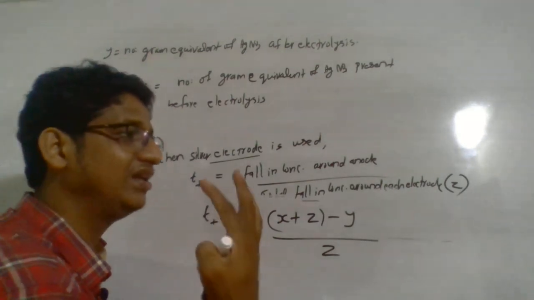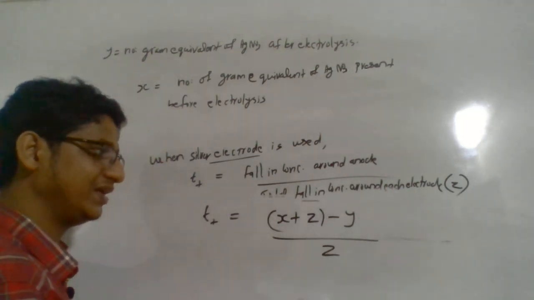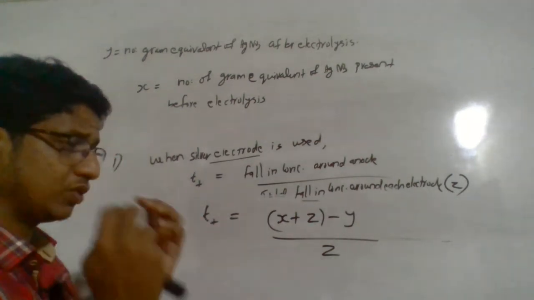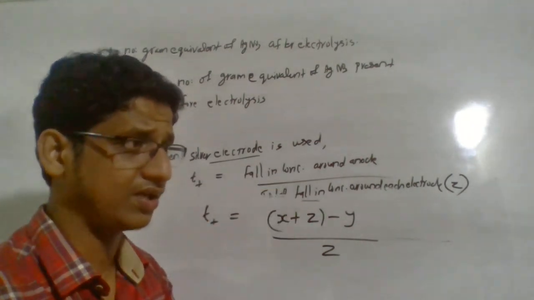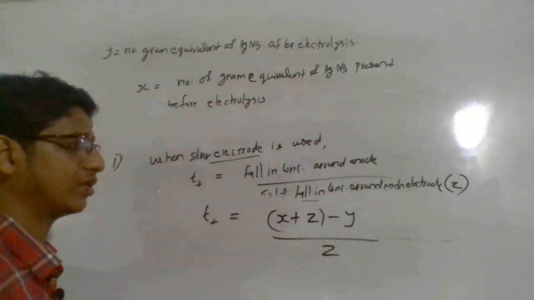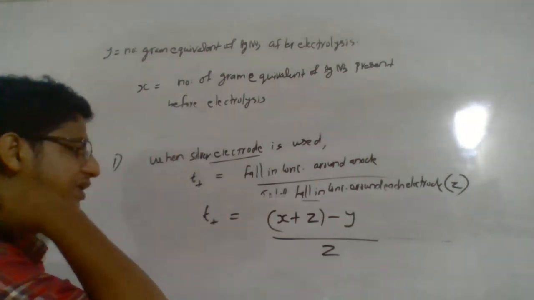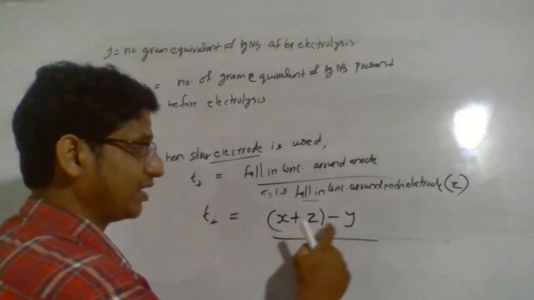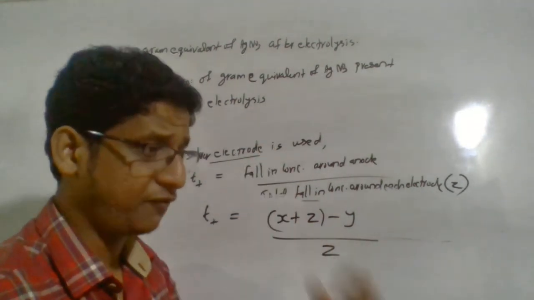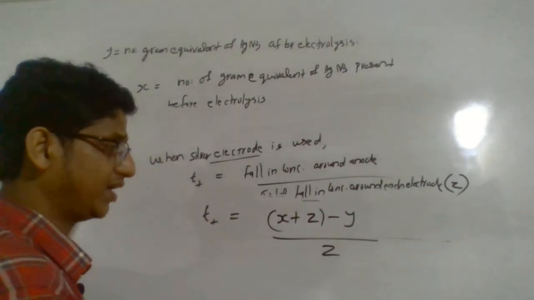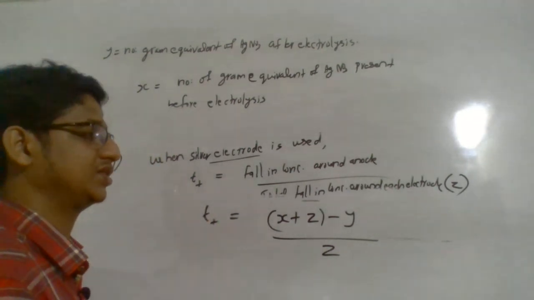So this equation, X plus Z minus Y, has to be used, because here the silver ion concentration is slightly increasing as the silver electrode is used. If you want to exactly measure the falling concentration around the anode, with the silver electrode you have to use X plus Z minus Y. That will give the effective decrease in concentration around the anode, divided by the total falling concentration.